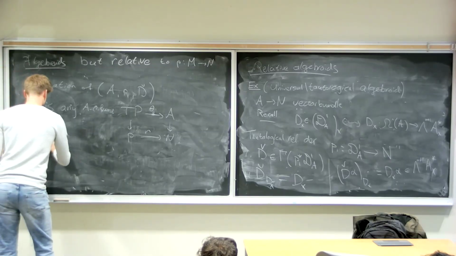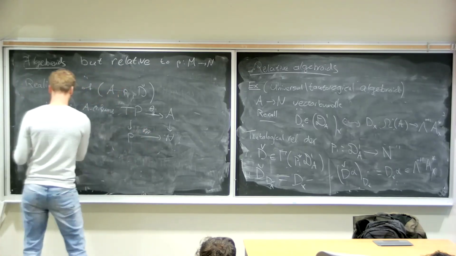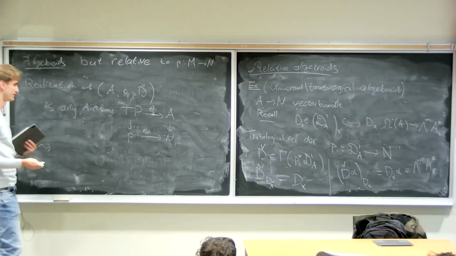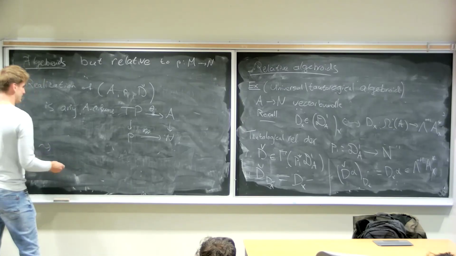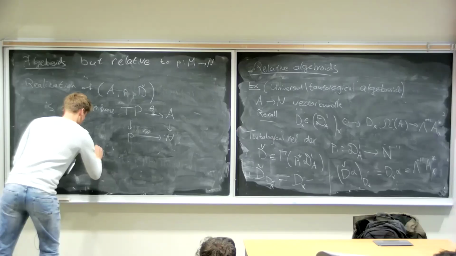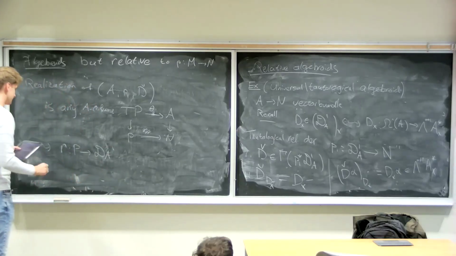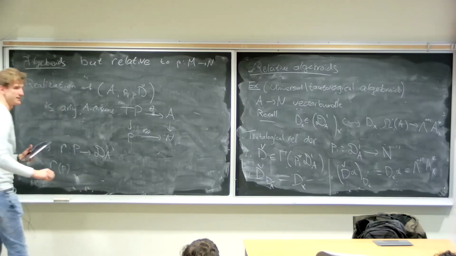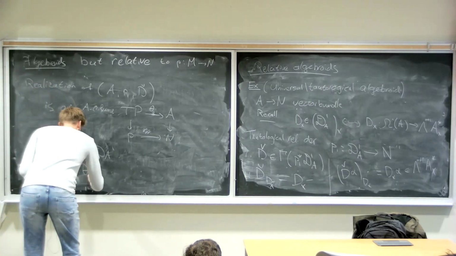Maybe this should be Rn, and once we have this, we automatically get a map to the space of derivations D1 of A. How? The R from P to D1 of A is defined as R at the point P. Now we need to specify a pointwise derivation.